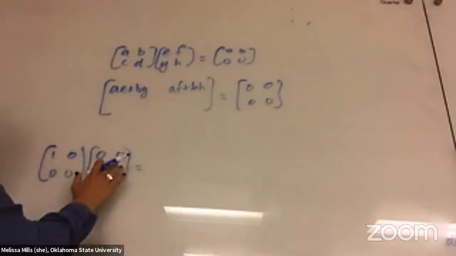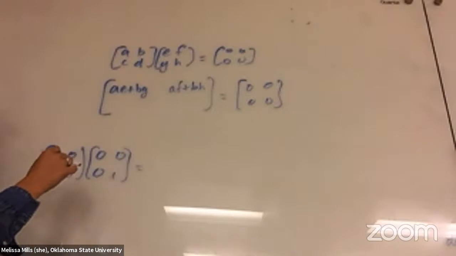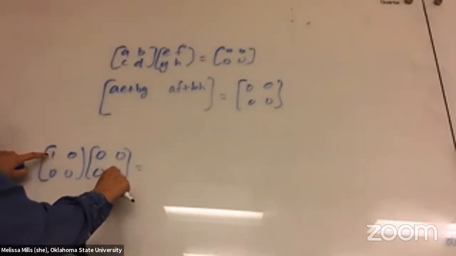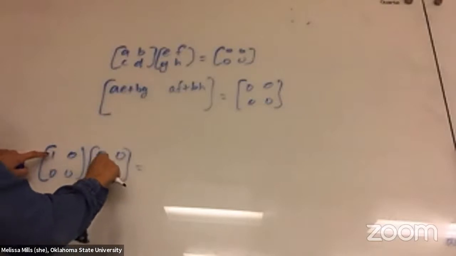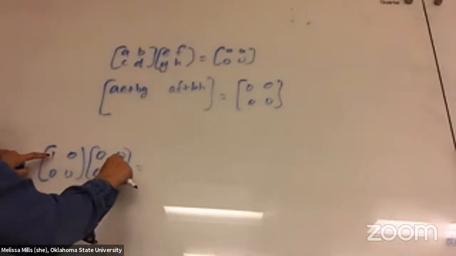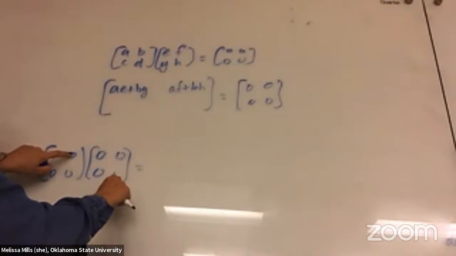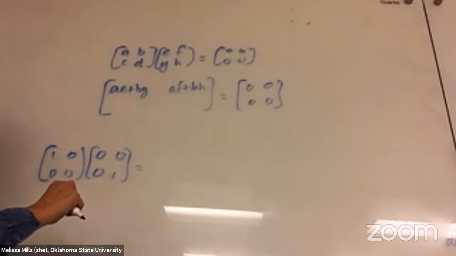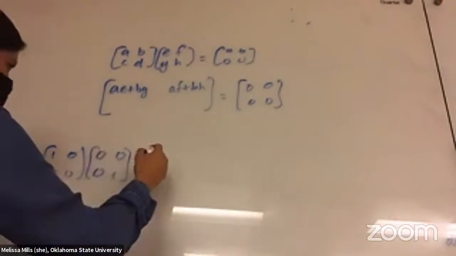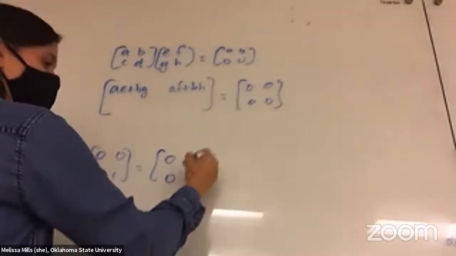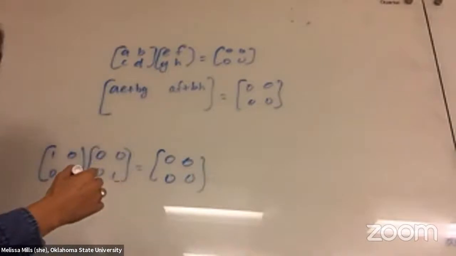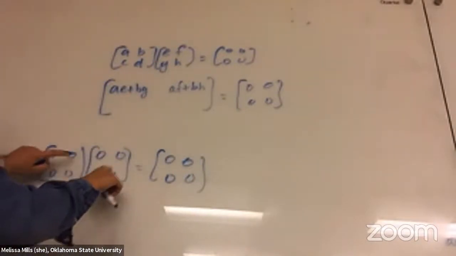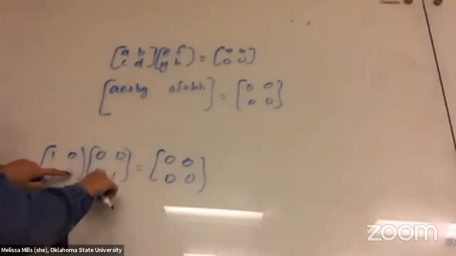Yeah, I think I can, right? I think this gives me 0, 0, 0, 0, doesn't it? I'm pretty sure it does. I don't think I ever end up multiplying that one by that one. So I do that, and then I do that times that.